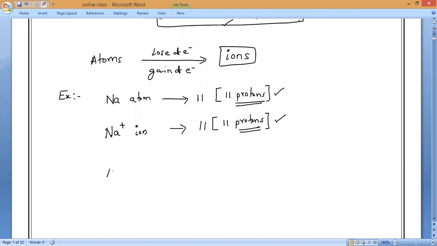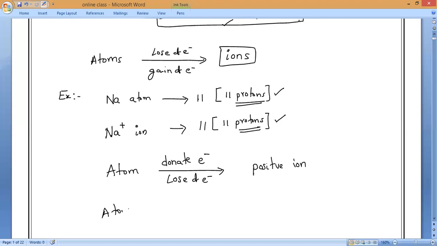So, any kind of atom, by donating electrons, or we can say by removing or by loss of electrons, will turn into a positive ion. Please remember that. Same way, any kind of atom, if it gains electrons, or accepts electrons, will turn into a negative ion.